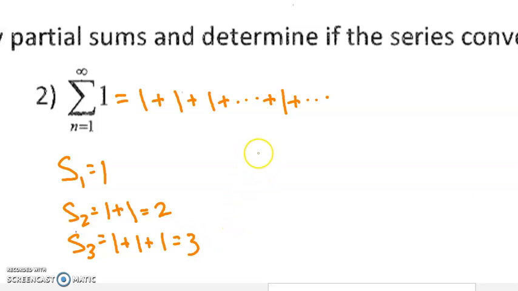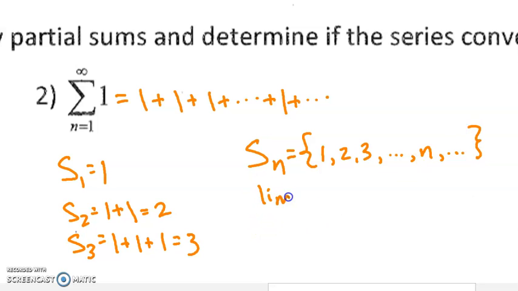It doesn't take too long to determine that the sequence of partial sums is going to be 1, 2, 3, etc. The nth partial sum is going to be n, and that's just going to keep on going on and on and on. And the limit as n approaches infinity of n is, well, it's infinity because n is approaching infinity, so n must be approaching infinity.